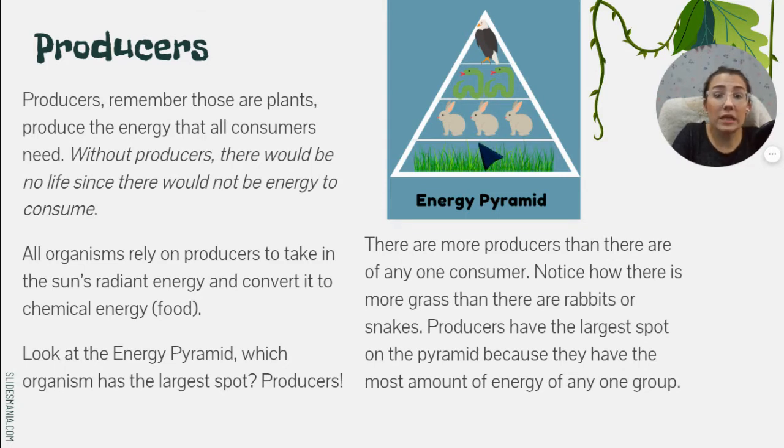And that's how it really is in the world. There is more grass in this world than there are bunnies, just like there's more bunnies than there are snakes, and more snakes than there are eagles. As we go up the pyramid, not only does the population of those species decrease, but so does how much energy they have, okay?